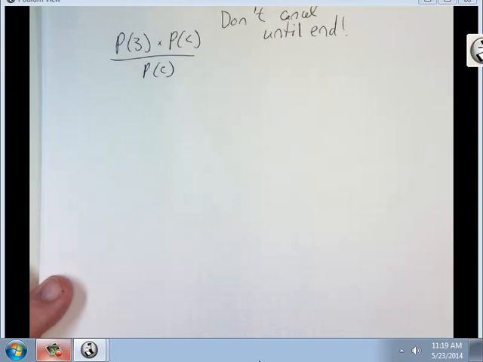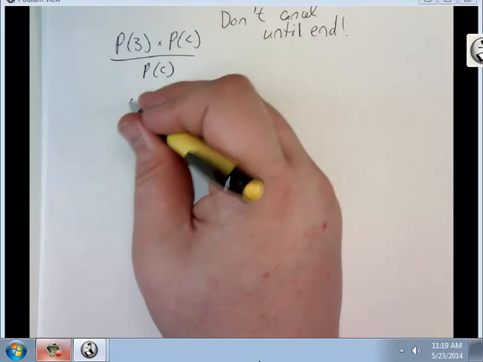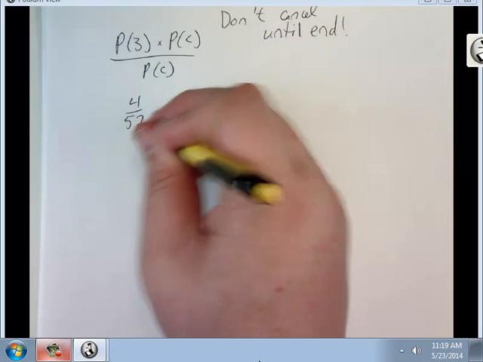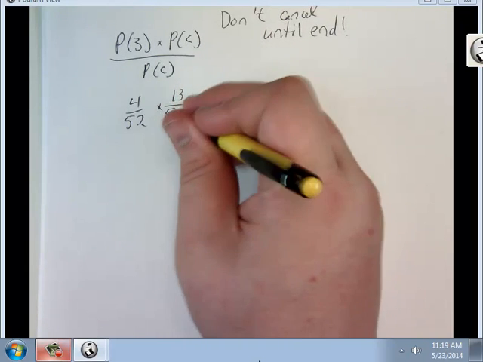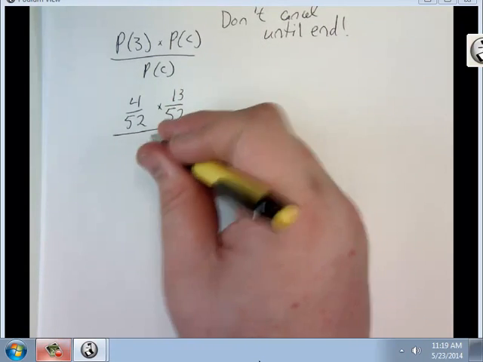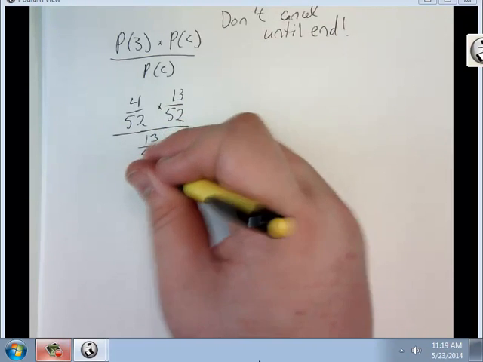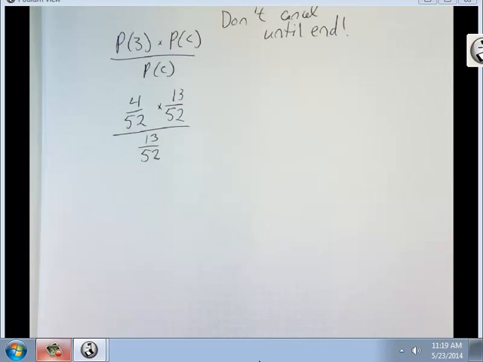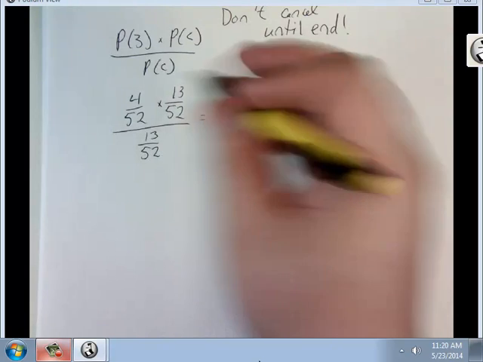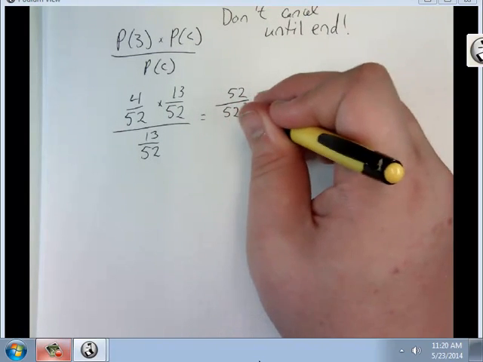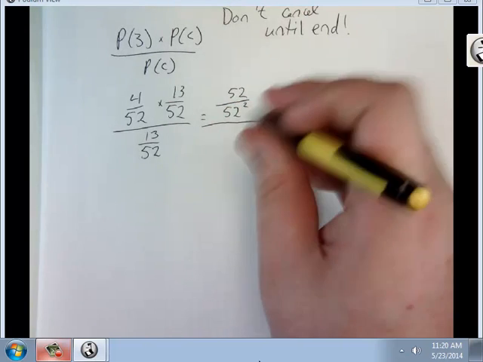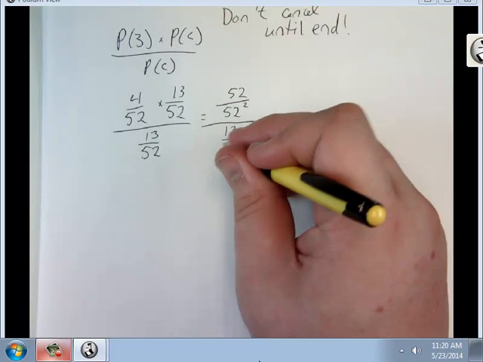So probability of a 3 is 4 out of 52, times probability of a club is 13 out of 52, divided by 13 out of 52. We get 4 out of, I'm going to just leave it as 52 squared for now, all over 13 over 52, which is the same thing as this.